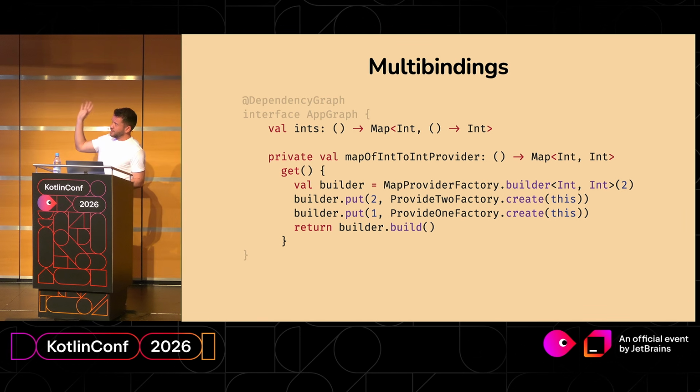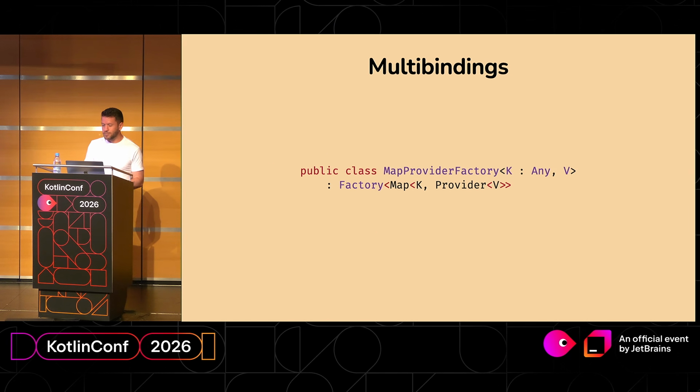All these provider factories or set factory, all that is stuff that Dagger paved the way on a long time ago. Again, this just implements a factory of map providers. And once again, if we have multiple accesses of different types, then we just use the lowest common denominator. And that's multi-bindings in a nutshell.